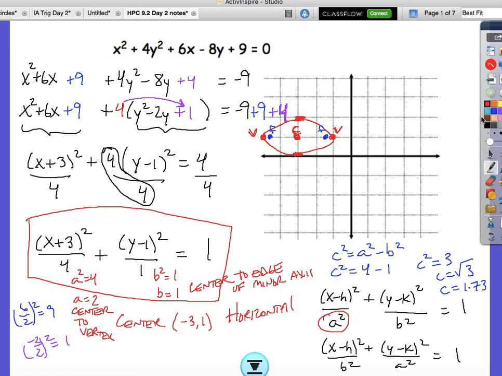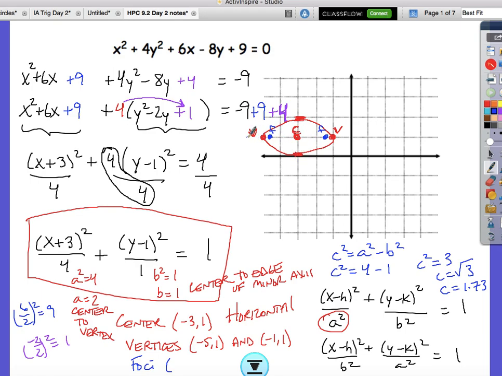So the vertices are at the coordinates, this would be -5, 1. And the coordinates of this one would be -1, 1. And then the foci, the coordinates of this, well, remember we added 1.73 on here, so this was at -3.